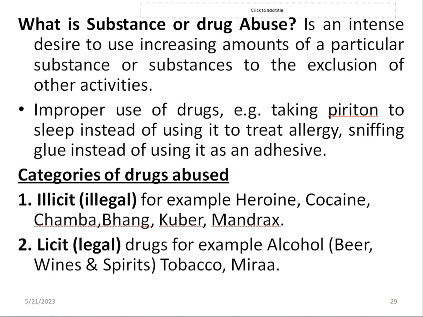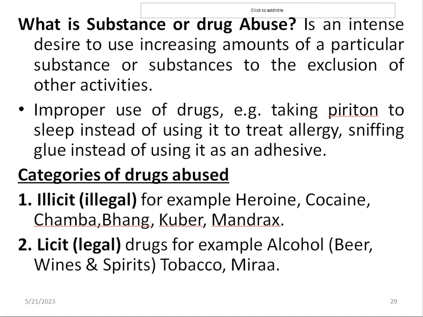Simply put, substance abuse is improper use of drugs. For instance, taking Piriton to sleep instead of using it to treat allergies. Sniffing glue instead of using it as an adhesive is also a form of substance abuse.